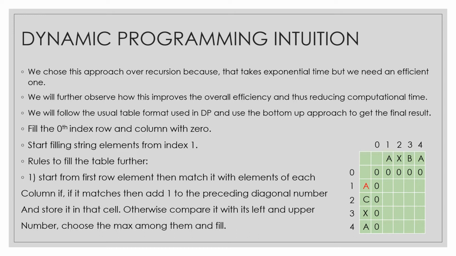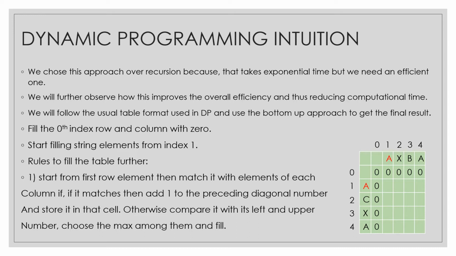As we can see, we have started with the element of row 1, and now we will compare it with the element of column 1, which is A. We can see that both of these elements are equal.